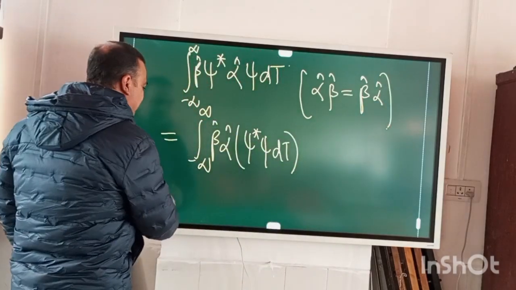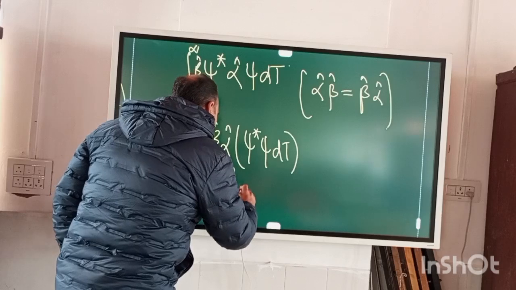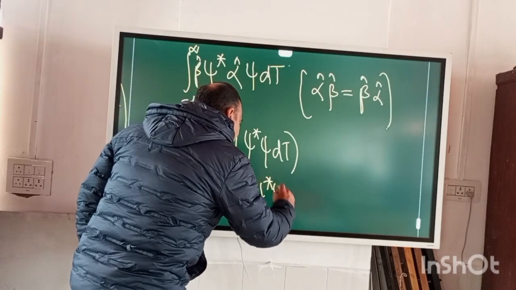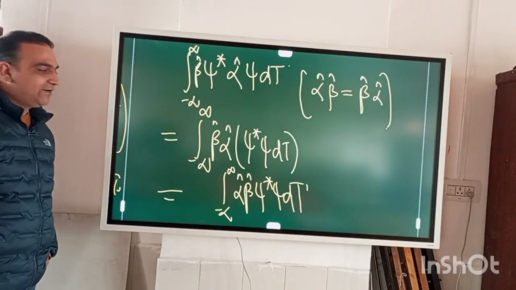So if that's the case, then I can write this as minus infinity to infinity alpha cap beta cap, psi star, psi, and d tau. So we can observe the result.